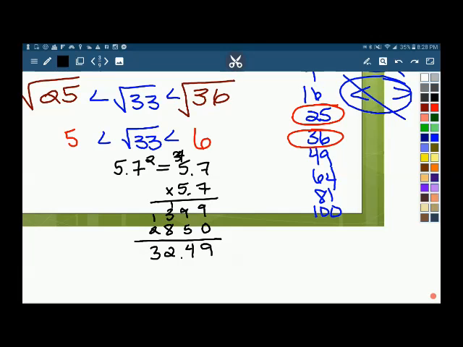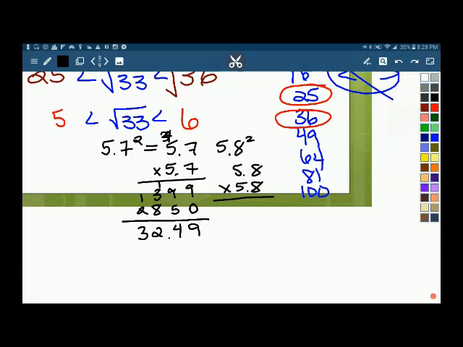Okay. So I'm going to try one more, and that is 5.8 squared, which is 5.8 times 5.8. Now my hope is that with this guess, it'll go over, and then I'm going to pick whichever one is closest to 33. 8 times 8 is 64. 8 times 5 is 40, plus another 6 is 46.